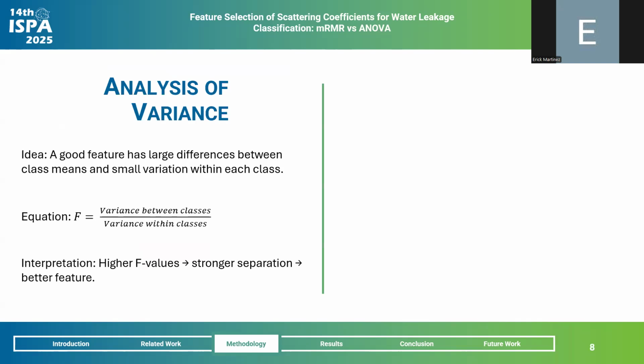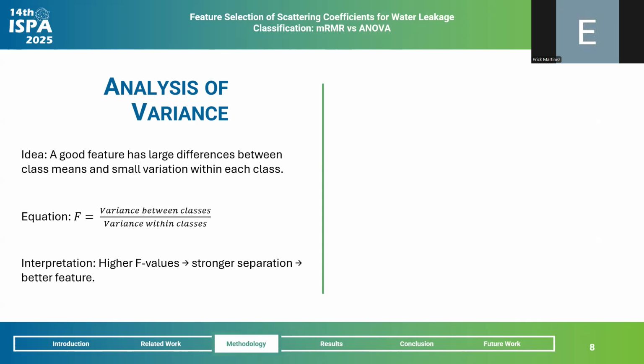So the first feature selection approach that we tested was the analysis of variance. Basically, we were computing the F score of the features. This F score takes the variance between the classes, in this case the variance of the scattering coefficients between the types of leakages that we wanted to detect, and divides it by the variance of the scattering coefficients within classes.